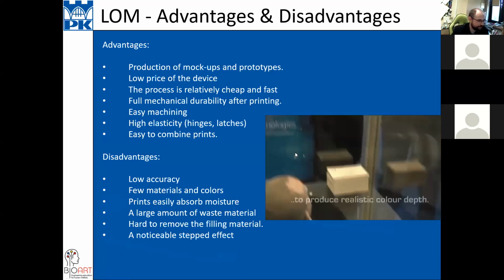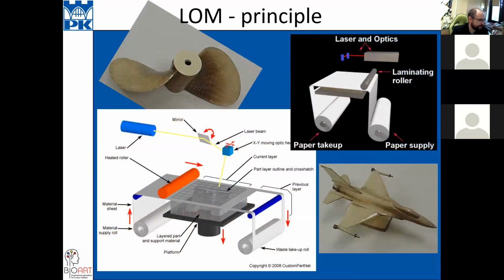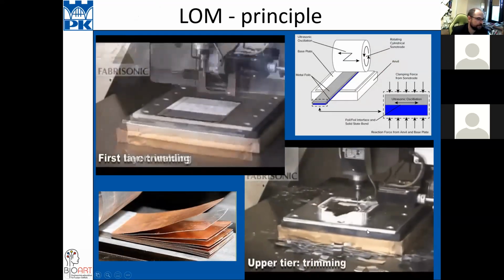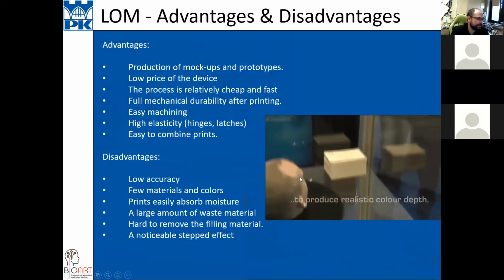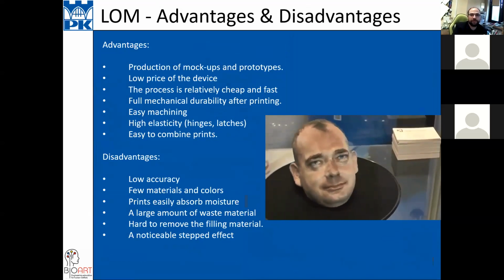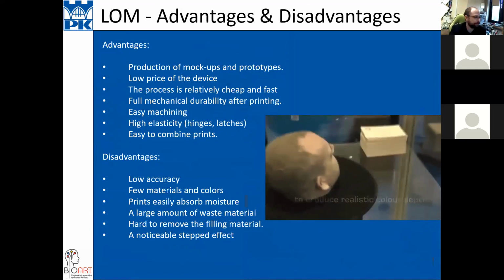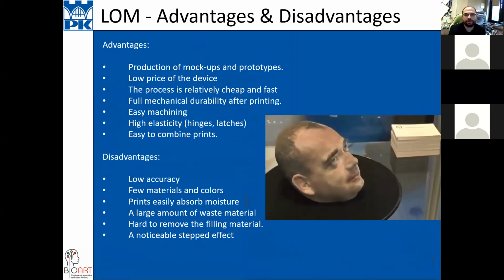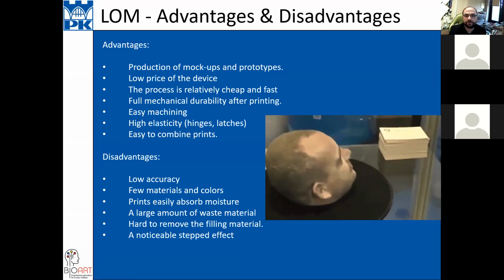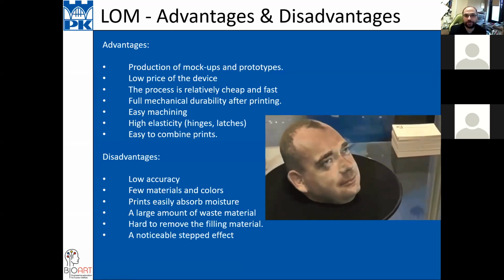But what was nice, because it was a self-supporting technique, at the end you remove the support, but when you close the support inside the print, it was very hard to remove. Now, for example, when you print something from powder, you put a special hose to remove the powder from inside.